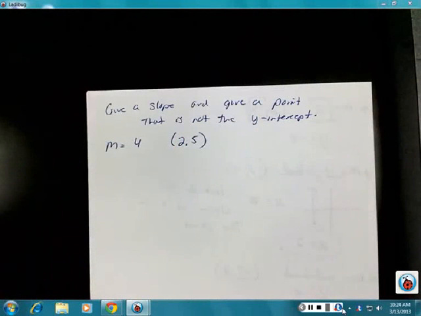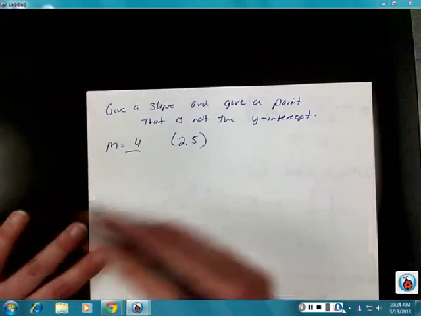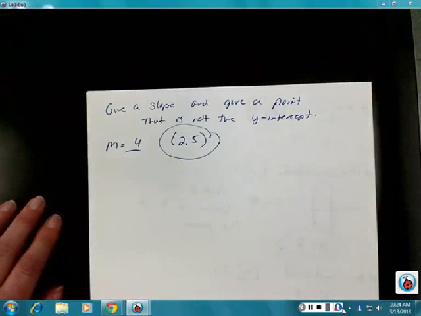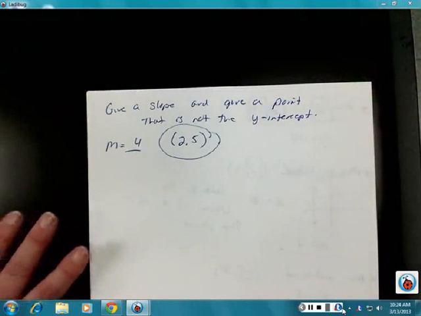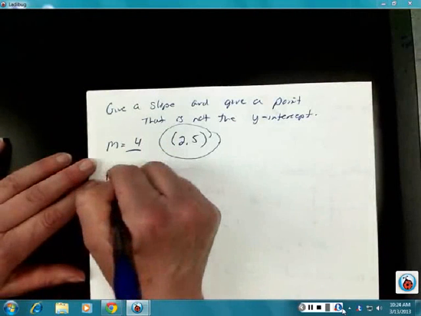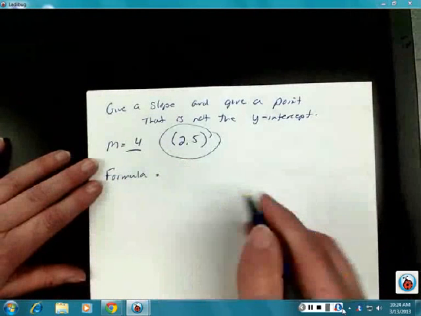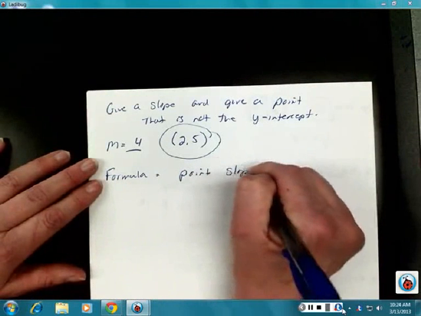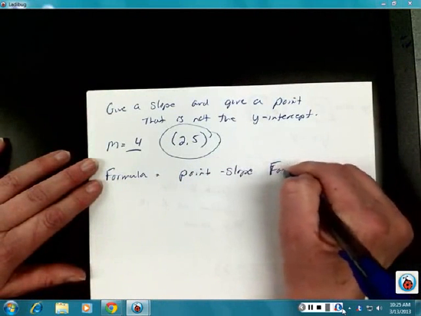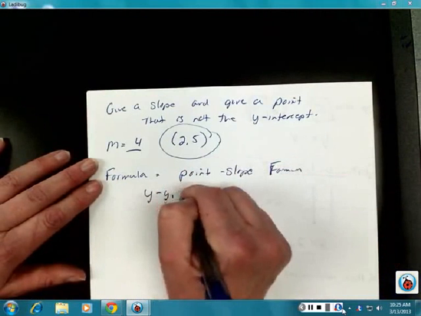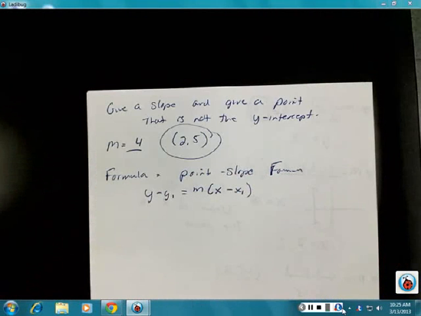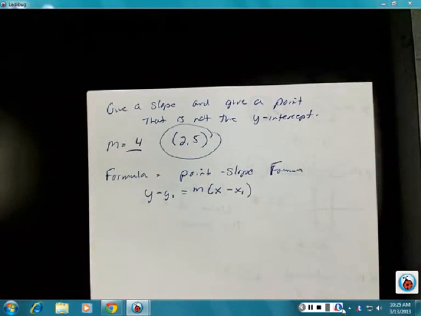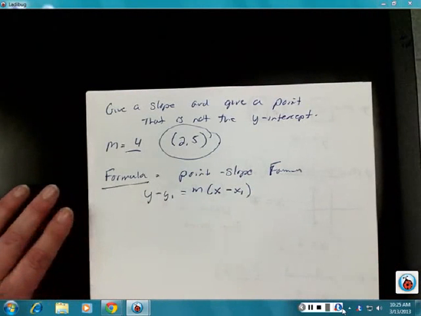Now I can't use any of the stuff I just talked about because I have a slope, which is great, but I do not have a y-intercept. So then we need to find out what we've got for an equation, and for this you use a formula. The formula you use is called the point slope formula: y minus y1 is equal to m. That's the formula I'm going to use, the point slope formula.